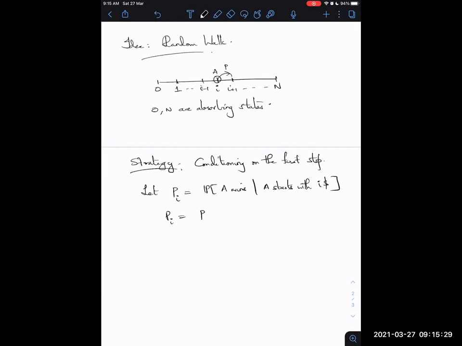So with probability P, this is just the probability that A wins given A starts at I plus 1, plus with 1 minus P probability A can lose, which is just Q. And this is just the probability that A wins the whole game given A starts at I minus 1.